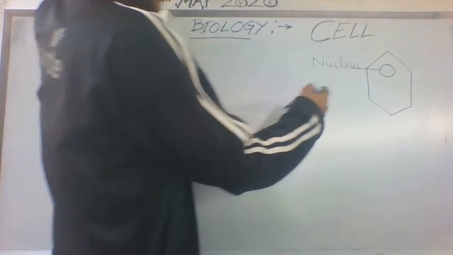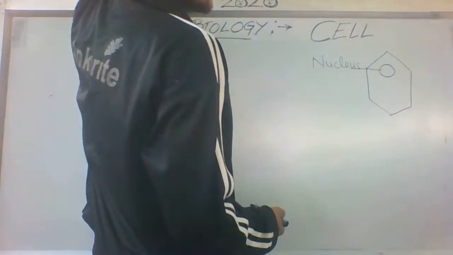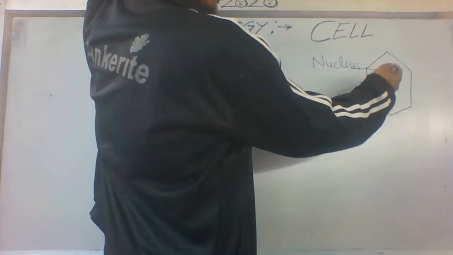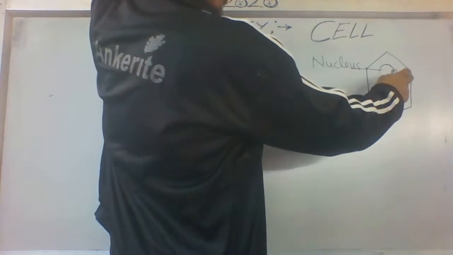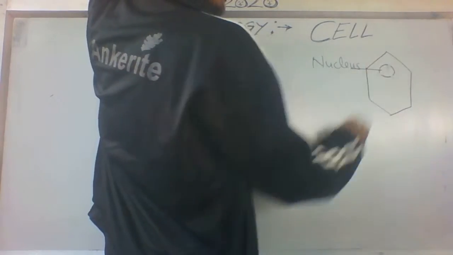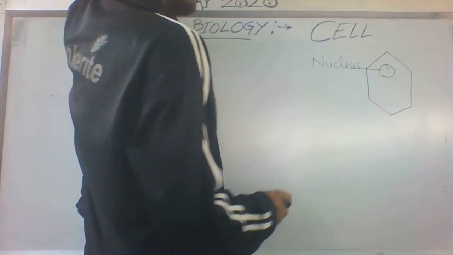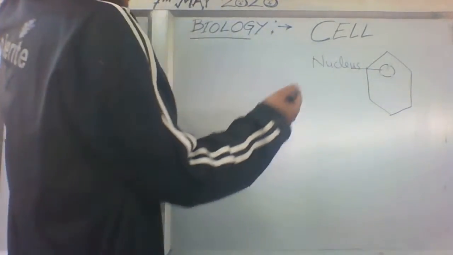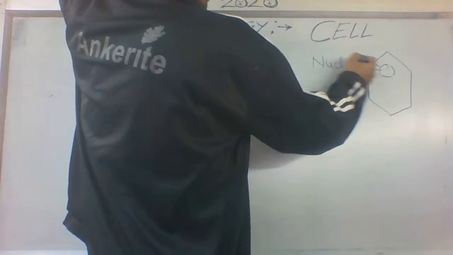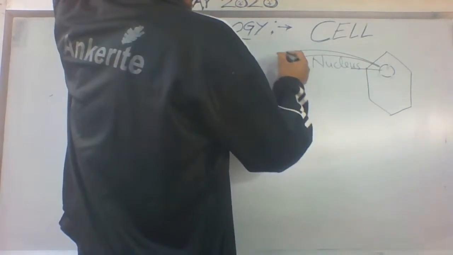I have drawn this nucleus as a continuous structure, but this structure is not continuous; it is broken at some parts. And it is not a single layer structure. Now I am enlarging it. Now watch it through the microscope.